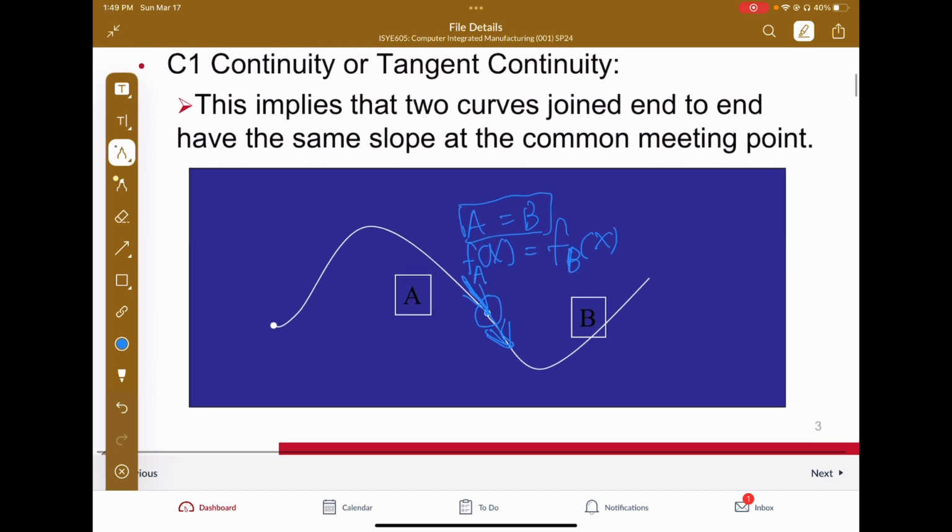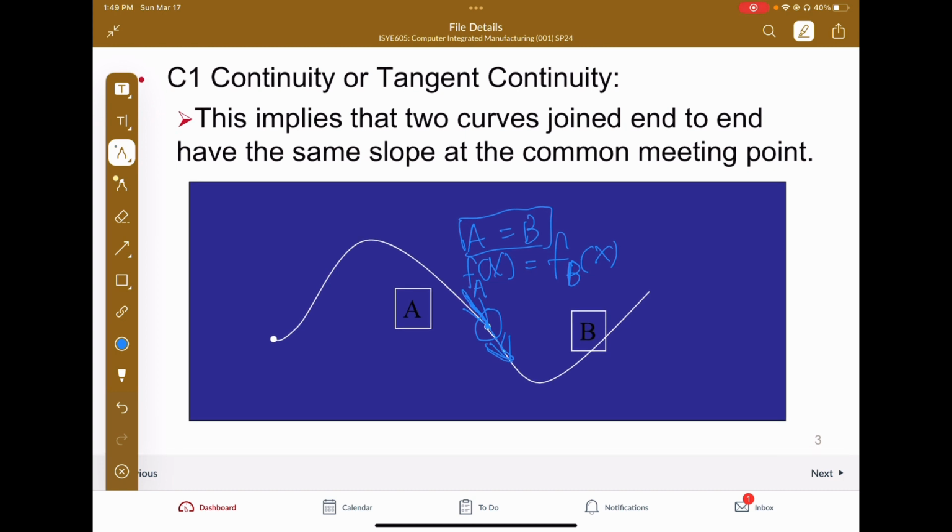And then we move to the tangent continuity. In this center point, the first constraint is the point, right? The value goes through this point, from line A and from line B, and they are the same. So this is the point continuity.